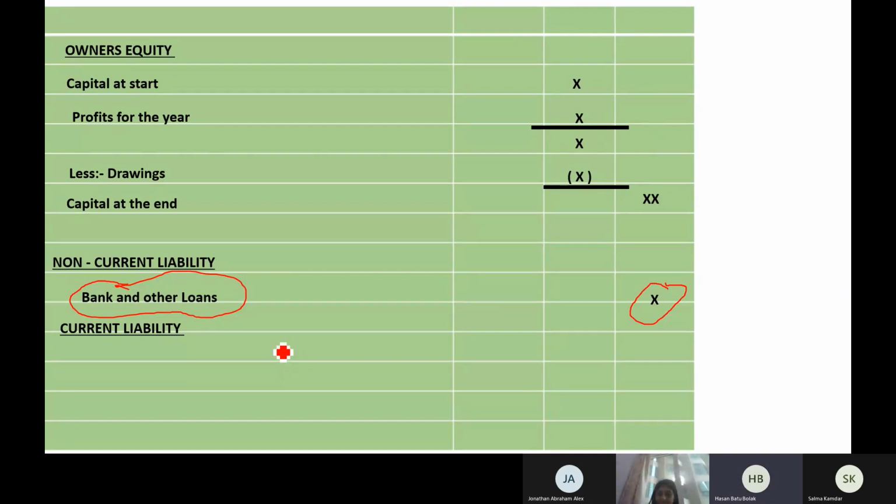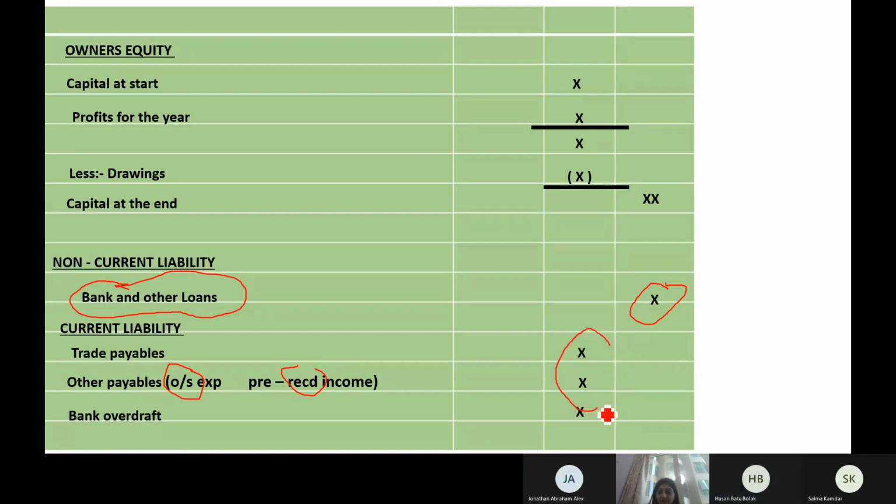Bank overdraft, trade payables, short-term loans, and other payables, which is outstanding expenses and pre-received income. So I'm writing this in the second column. I will total all this and write it in the outer column.